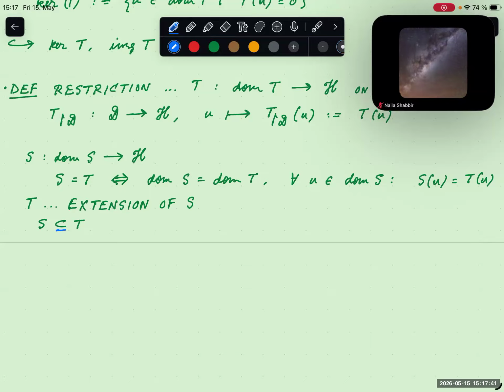Some people use this equals notation, some don't. It's like a set theoretic notation, but do not think of it as a set. This is an operator.